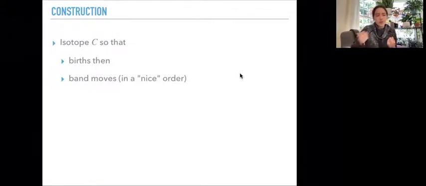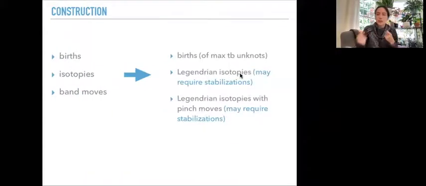Basically, we want to make sure that whenever we do a band attachment, one of the feet of the band is on the original component of the knot, as opposed to both ends being on knots that were birthed in the process. That's what I mean by nice order. So first, isotope your cobordism so that it has this property, and then we can see how to build it up by thinking about the different moves in the smooth world versus in the contact symplectic world.